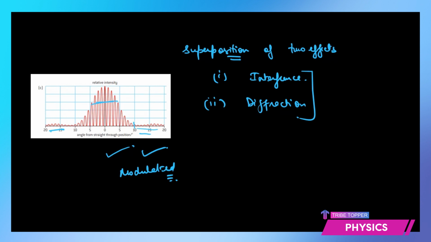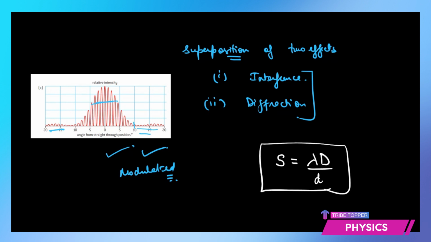Right? And as far as mathematics is concerned, we have the same mathematics which you have already done in topic 4. So the separation between the two fringes is given by S = λD/d. S represents the separation between the fringes, and lambda is of course the wavelength of the light we are using.